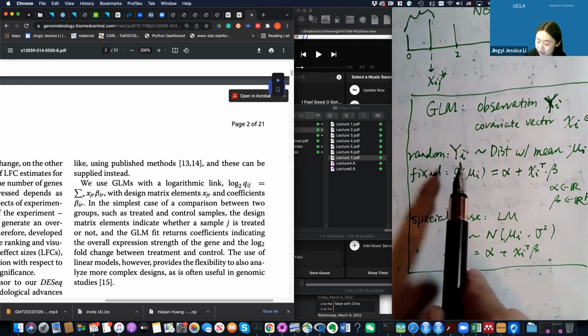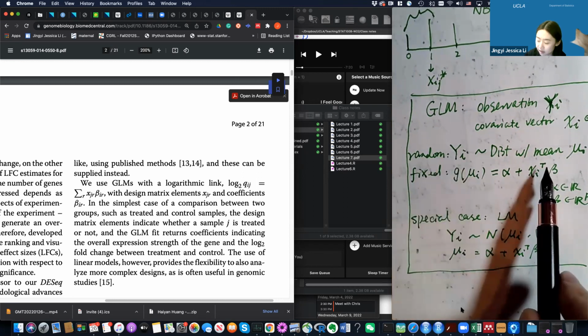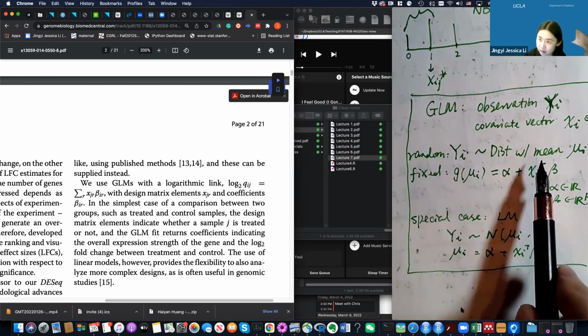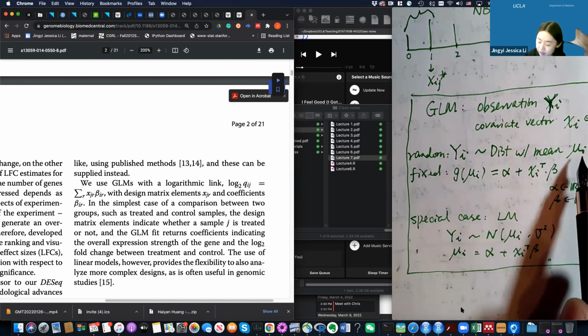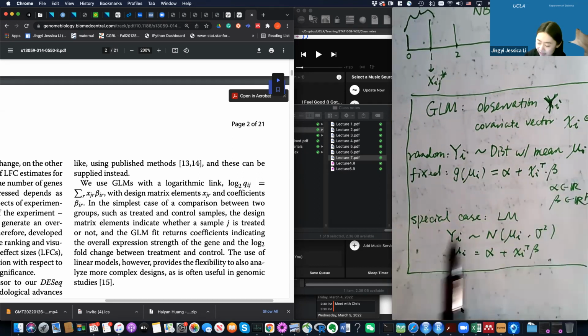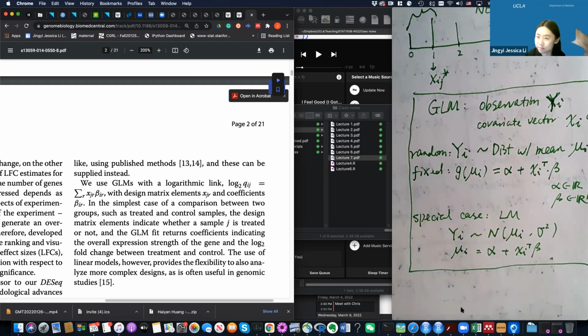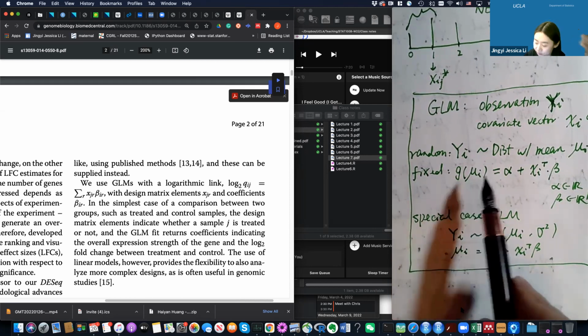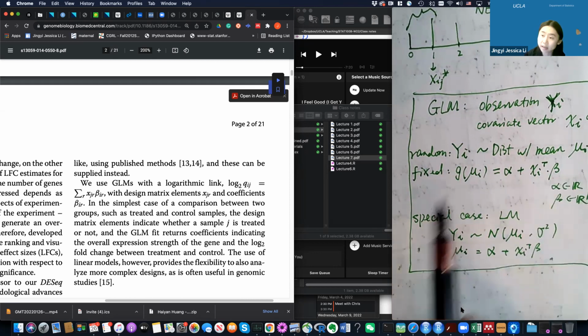Basically, they are assuming the counts are random with a negative binomial distribution and its own mean. And then for the mean of the negative binomial, in their case, they do a log transformation. So G is log. And there's some reason for that, because the mean is non-negative for negative binomial, right?